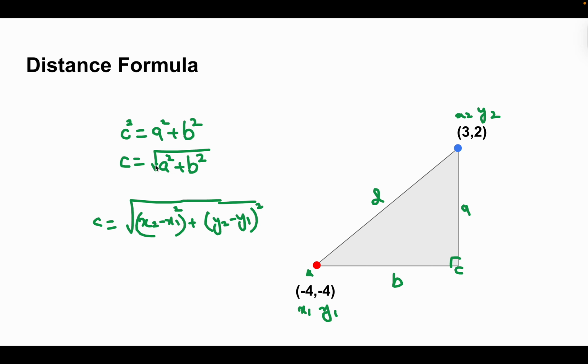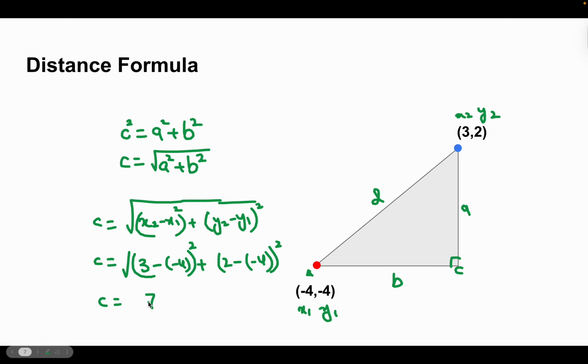This is the same as this one, but I just have written it in the coordinates. So x2 is 3, and x1 is -4, and we just need to square the difference, and then there is 2 minus -4, and we need to find the square root of the sum of these two numbers.